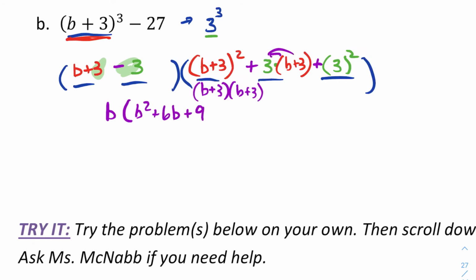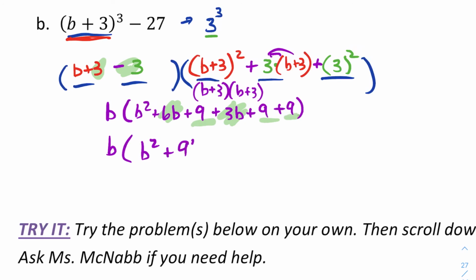And then if you take 3 times both of those, it'll give you a 3b plus 9. And then 3 squared is 9. So there's a lot of like terms that need combined in there. So I'll have b squared, 6b and 3b is 9b, and then 9 plus 9 will give me 27. So my final simplified result just looks like that.